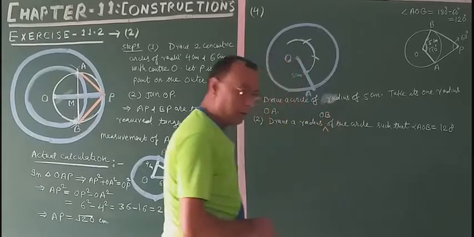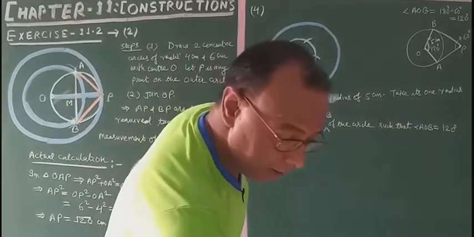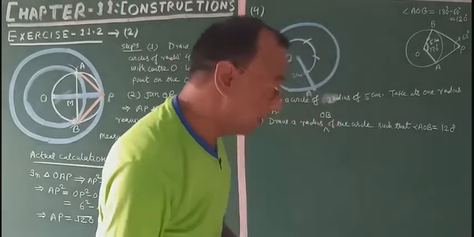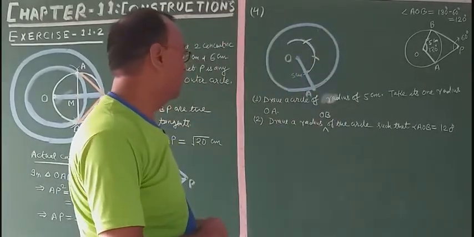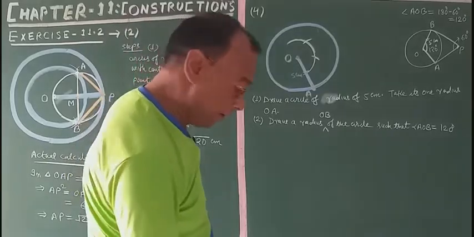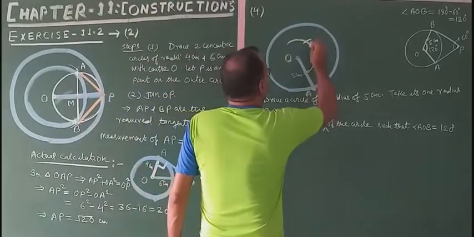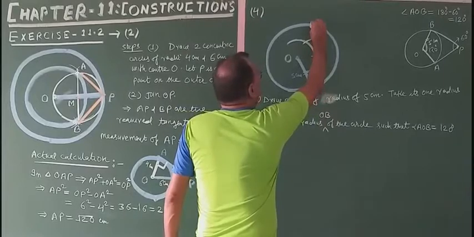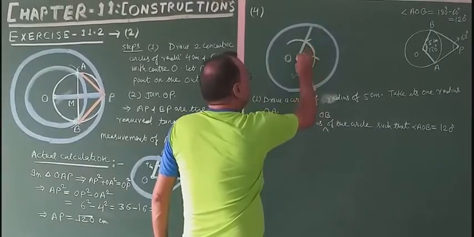Draw a radius OB of the circle such that angle AOB is 120 degree.